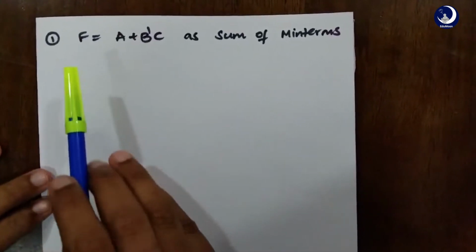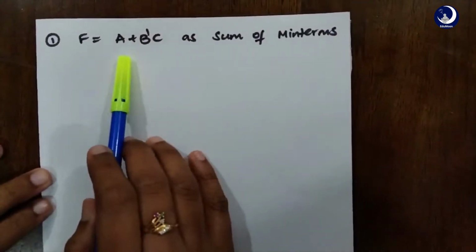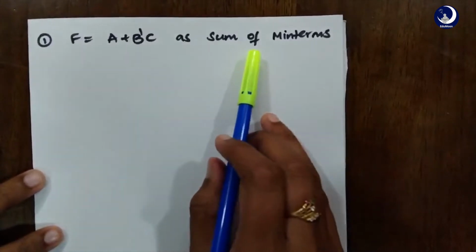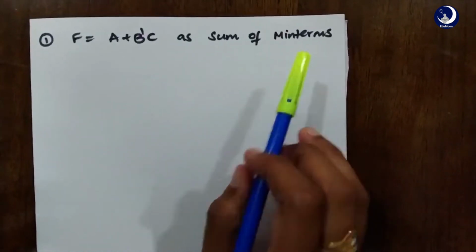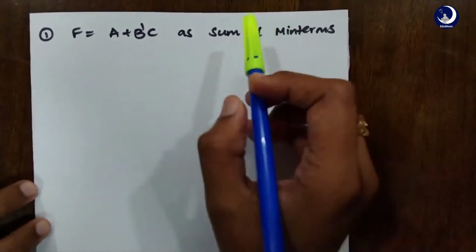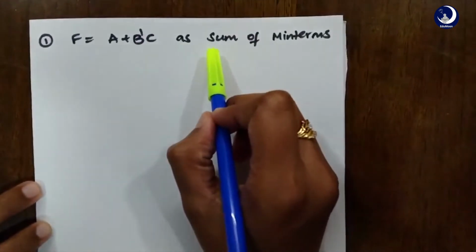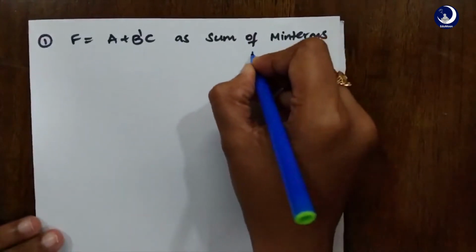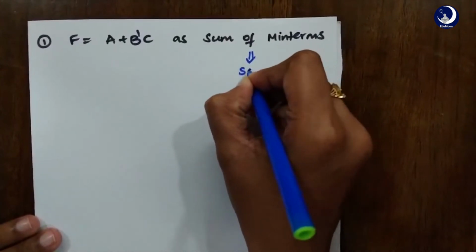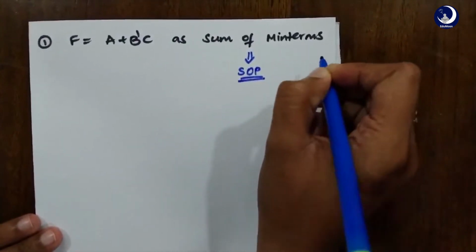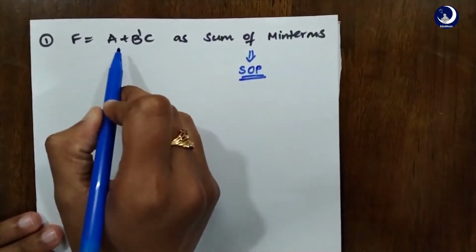Now here our first question is F equals A plus B bar C as sum of minterms. At first, let's understand the question. It is asked to find the sum of minterms. Minterms means that we need it in the SOP form, right? Now this is also in the form of an SOP.